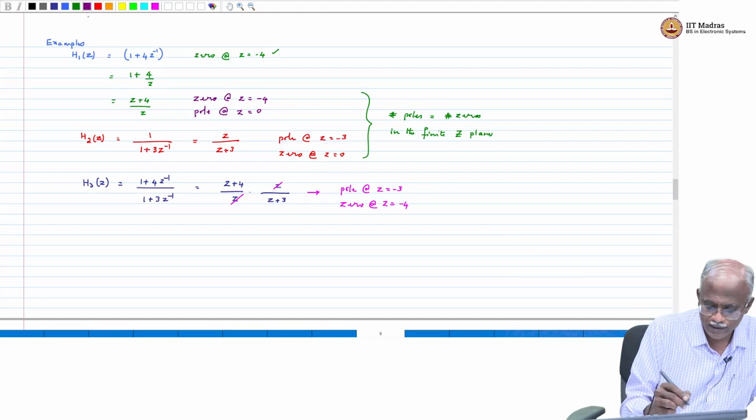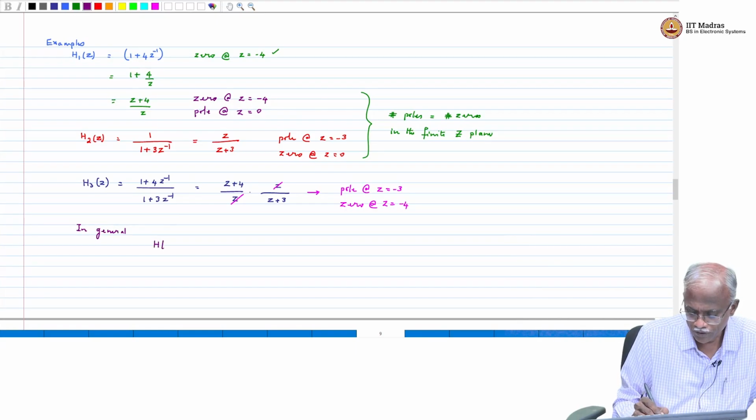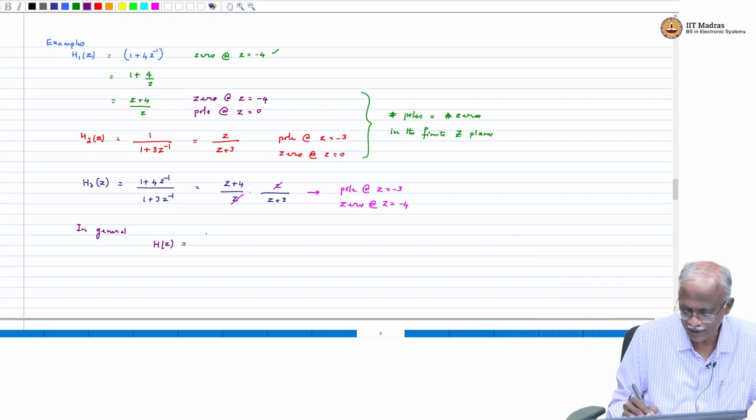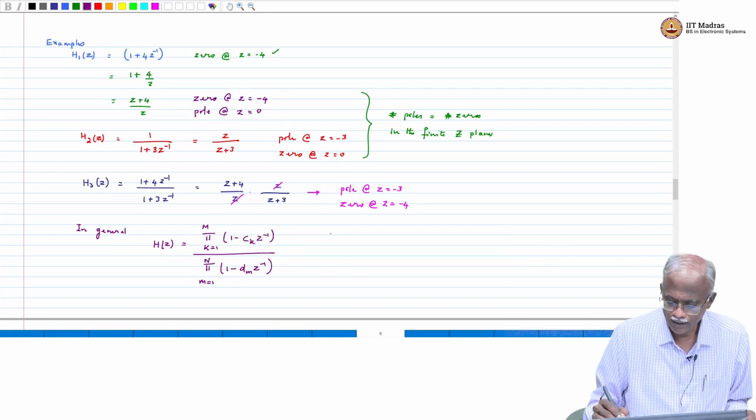Okay, so here is the generalization. In general, supposing I have a transfer function of the form H of Z, which is a product of first order terms, k equal to 1 through m, 1 minus ck Z inverse, divided by the product m equal to 1 through n, 1 minus dm Z inverse, and let n be greater than m.